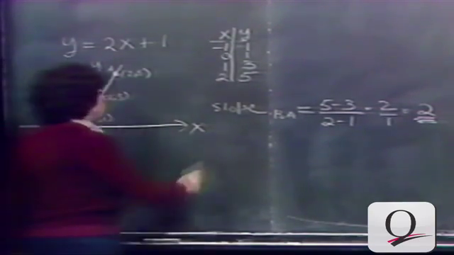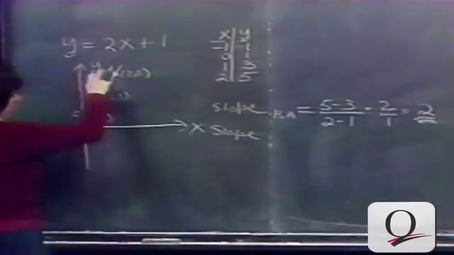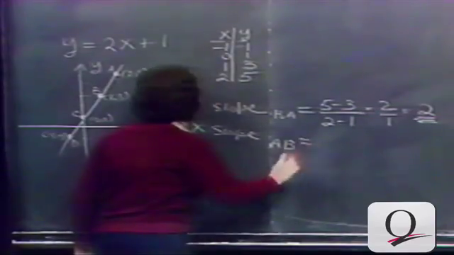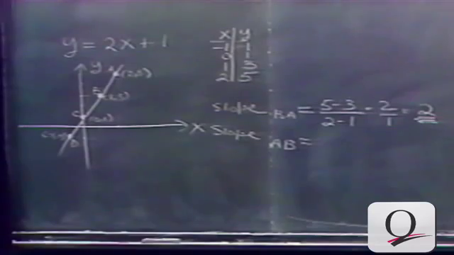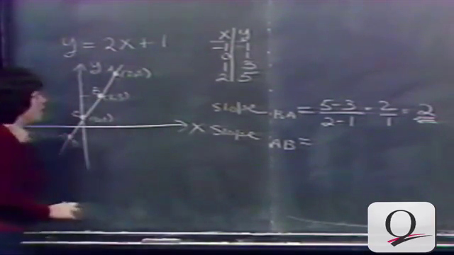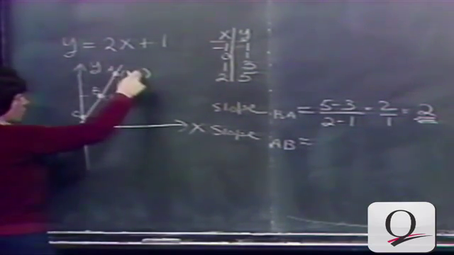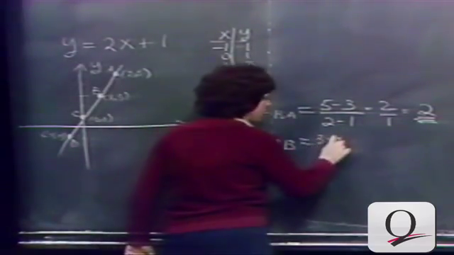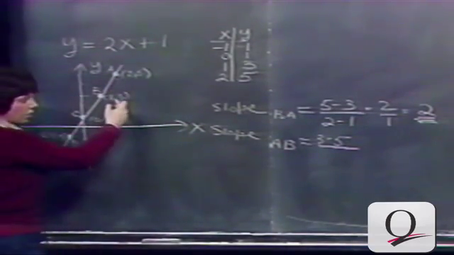Now suppose you were to take a different starting point. Suppose you started at point A and you went to point B. Let's measure the vertical change and divide by the horizontal change. Going from A to B, we are going from a y-coordinate of 5 to a y-coordinate of 3. The vertical change is therefore 3 minus 5, or we are moving down 2, minus 2.